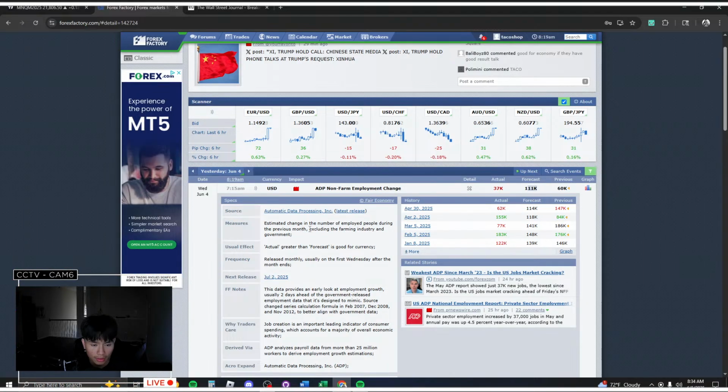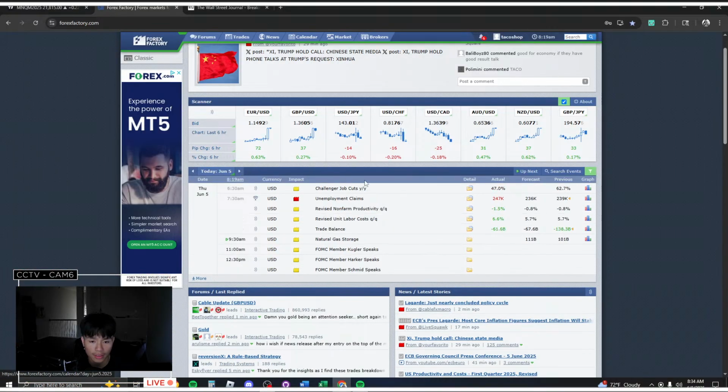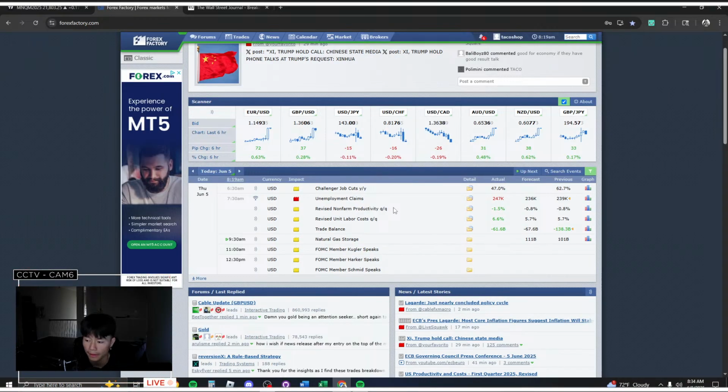Let's see. Yeah, the change in employed people was less than the previous month and less than forecasted. So this month, or I guess last month, during May, the growth isn't there. We actually didn't grow in terms of jobs.